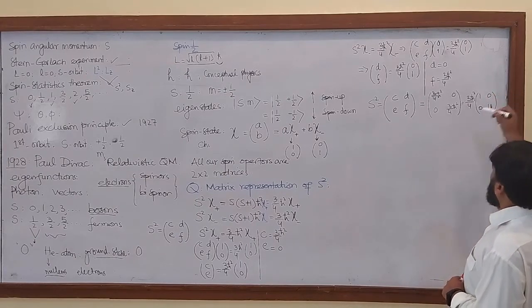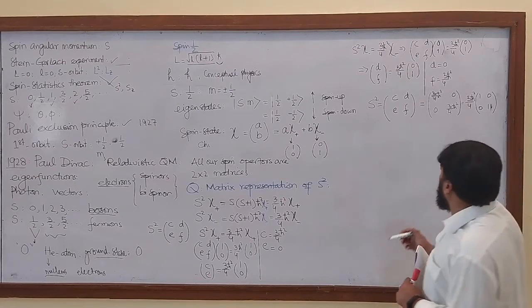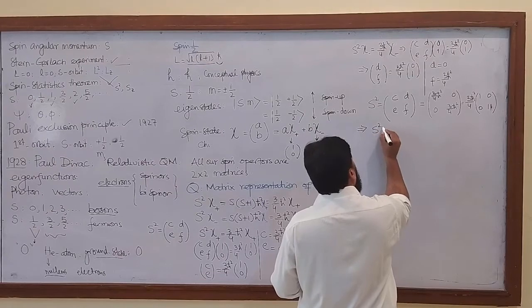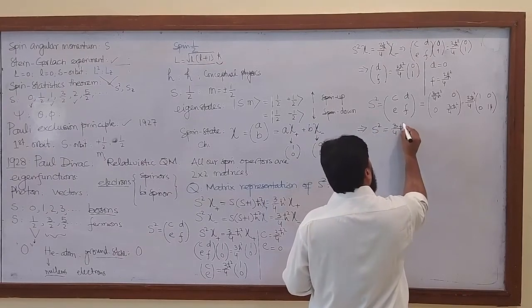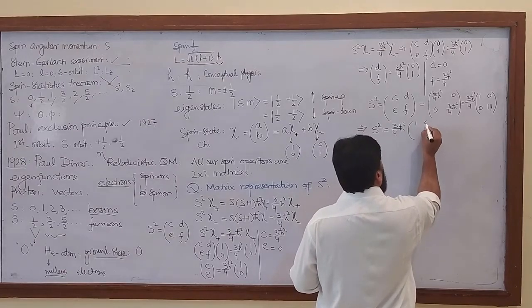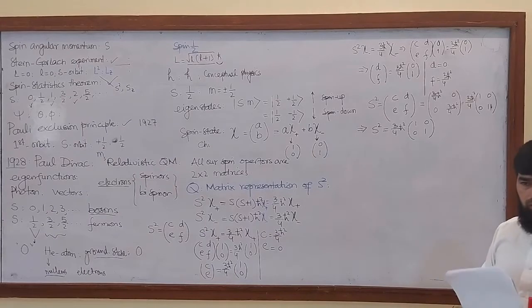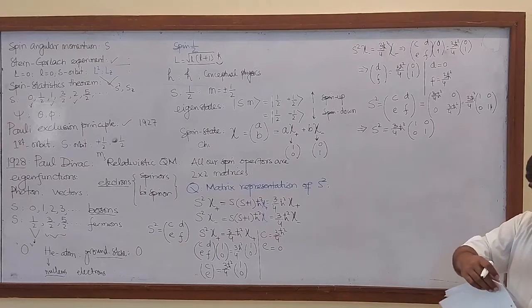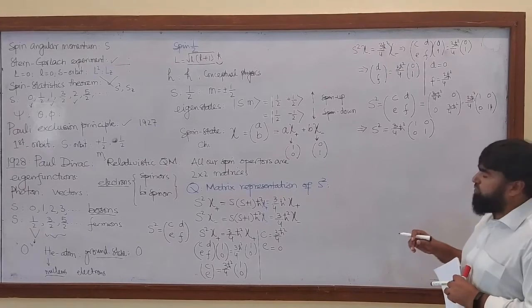Only on the diagonal I am having non-zero numbers. So I can write that the matrix representation of the operator S square is equal to 3 over 4 h bar square times 1, 0, 0, 1. Clear? And this is the matrix representation or the matrix form of S square.